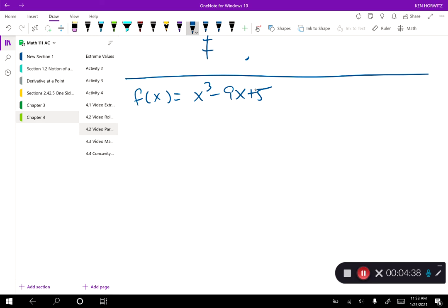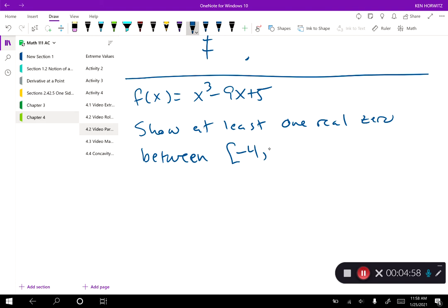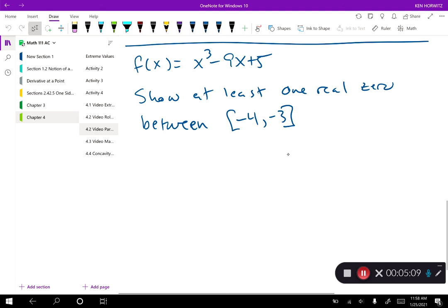And I want to show at least one real 0 between negative 4 and negative 3. So somewhere in that interval, there is at least one real zero. Could be more, but if I can prove there's at least one, I'm good.